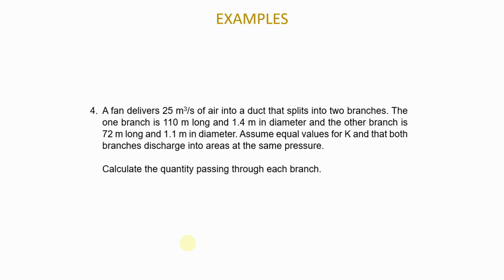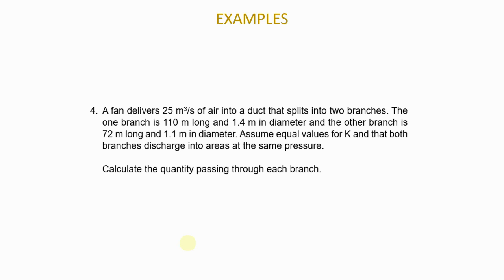And the other branch is 72 meters long and 1.1 meter in diameter. And then they say assume equal values for k. So k for the one branch is equal to k for the other branch. And also you are told that both branches discharge into areas at the same pressure. So P for the first branch is also equal to P for the second branch.